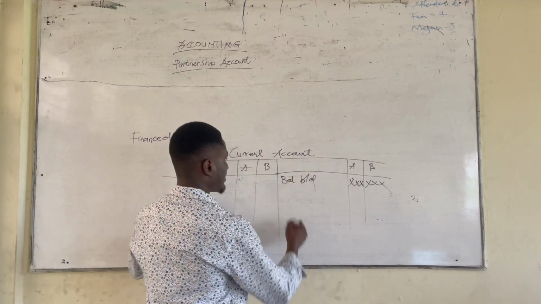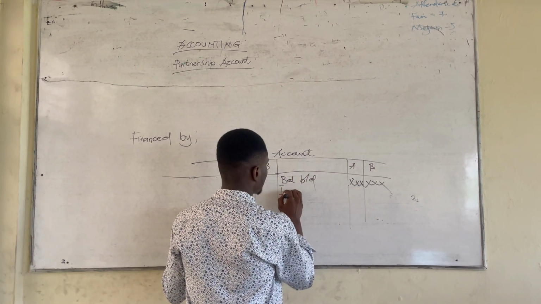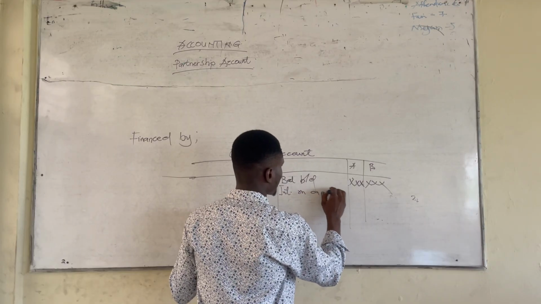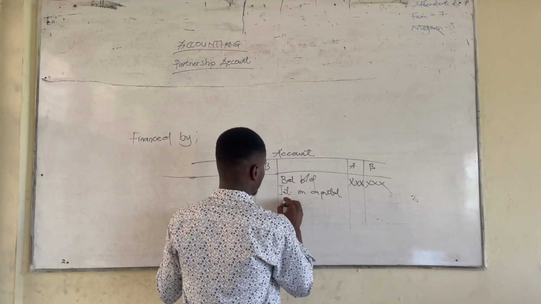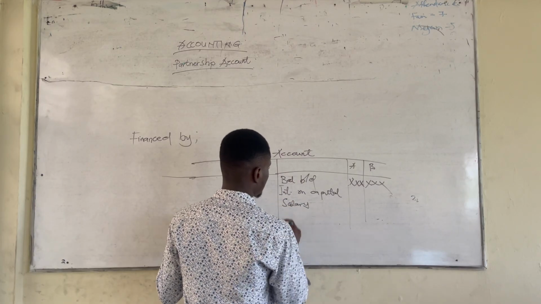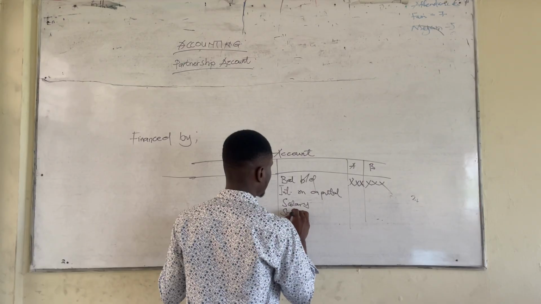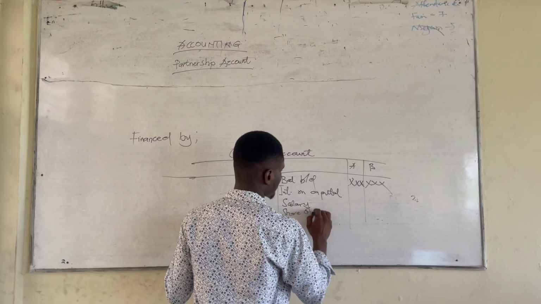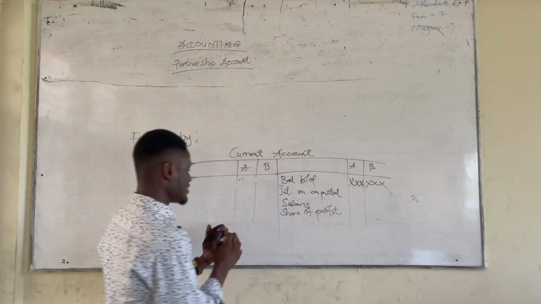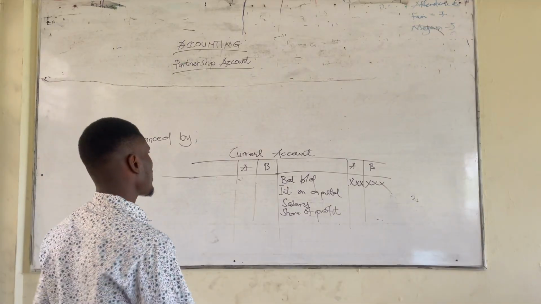And we know that some of the items that will come here are interest on capital, let's say salary, let's say share of profit. Yeah, so these are some of the items that will come here.